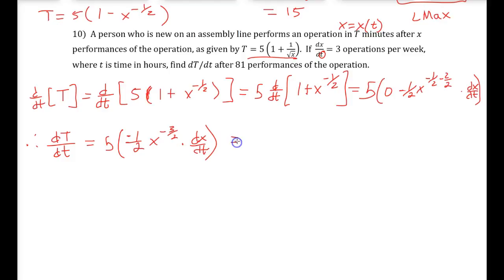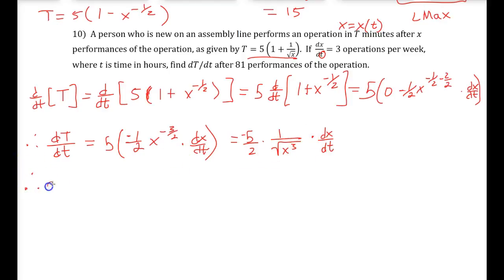And we could rewrite that as negative 5/2 times 1 over square root of x cubed, because x raised to the negative 3/2, that's how we would write that in root form, times dx over dt.